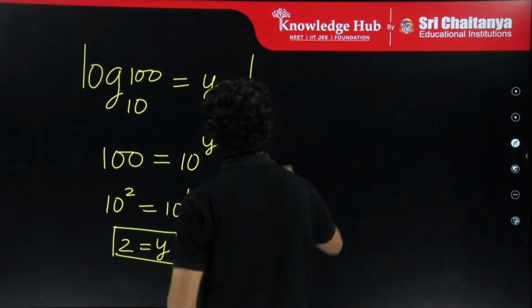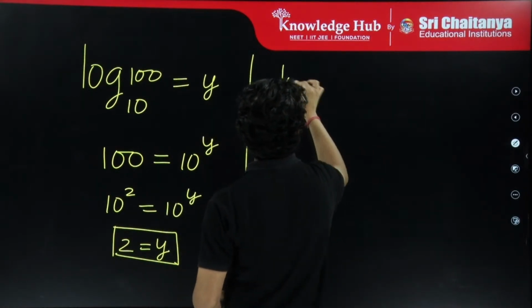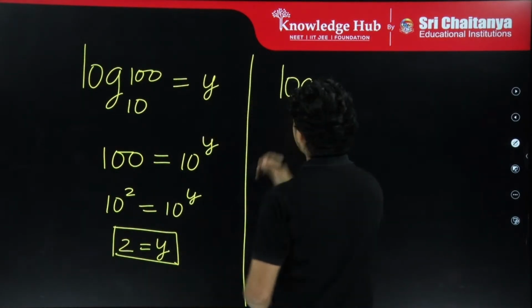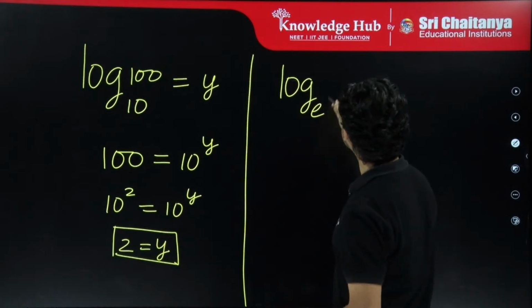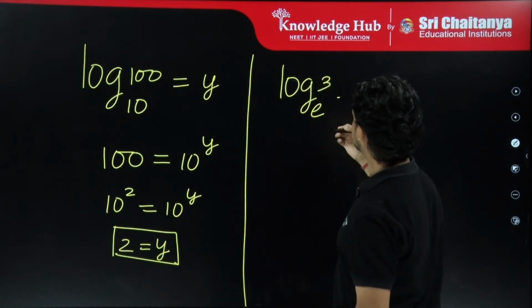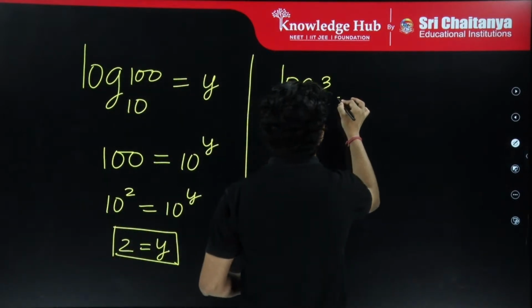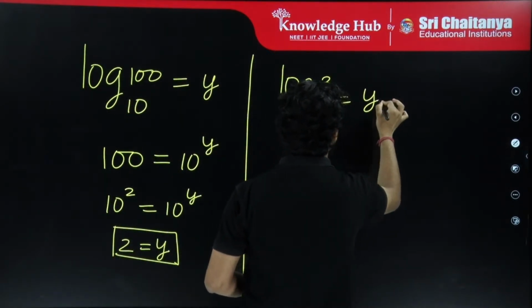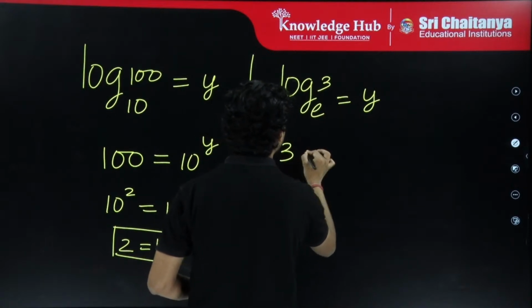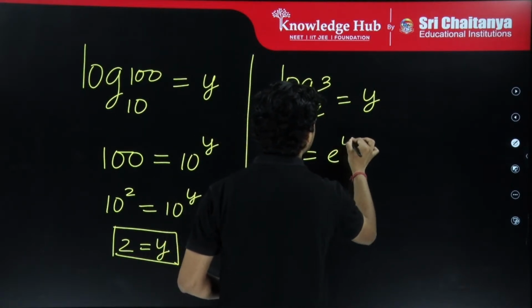Now let's say I write log of e raised to 3. What is the value of this? Let's say it is y. So I can write 3 equals e raised to y.